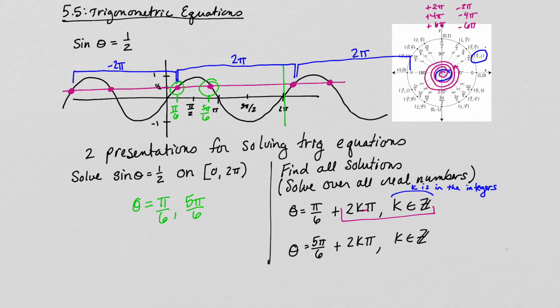So Z stands for the integers. If you think about the integers, they're all the whole numbers, all the positive and negative whole numbers. So like 0, 1, 2, 3, 4, and minus 1, minus 2, going down that way.